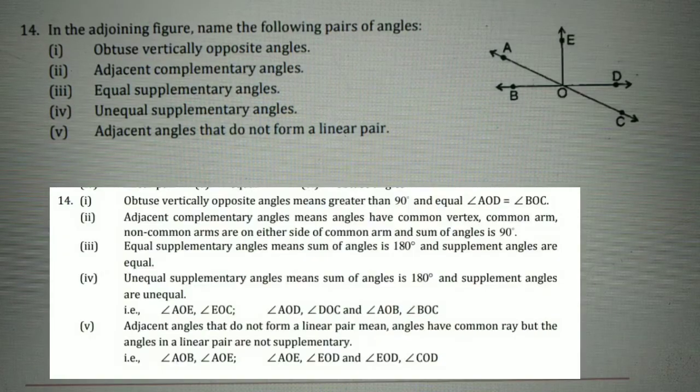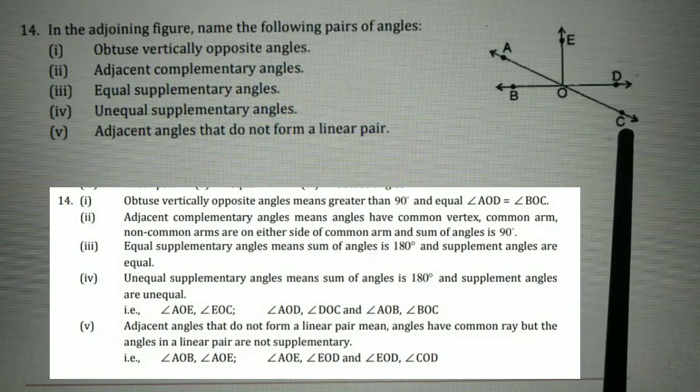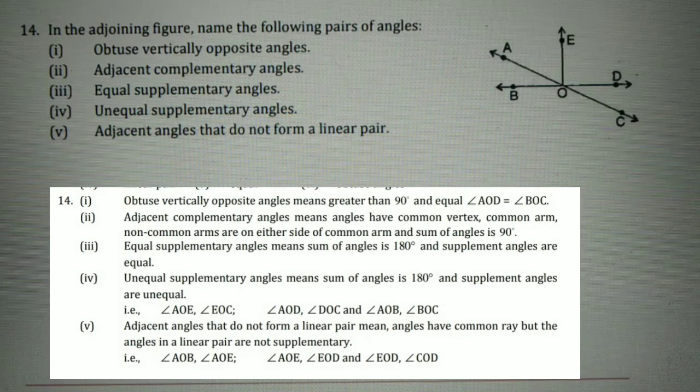Now students, the next question is, in the adjoining figure name the following pair of angles. Now we observe this diagram and give the answers. The first is obtuse vertically opposite angles.